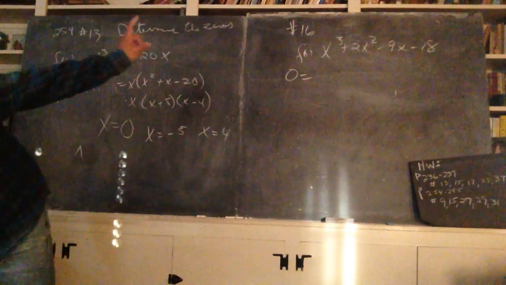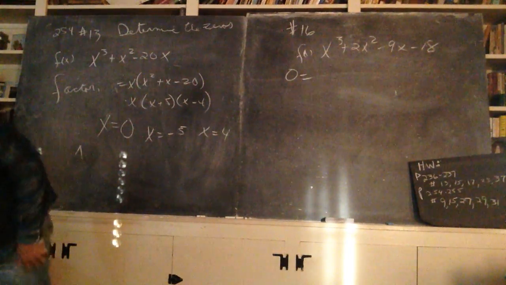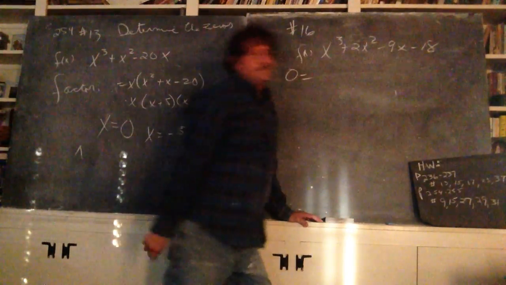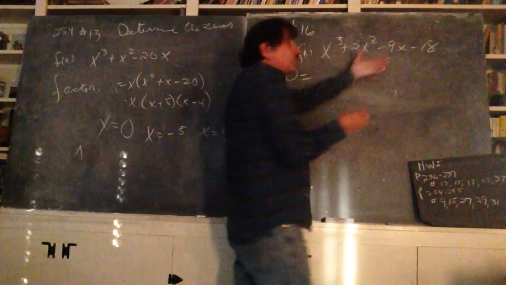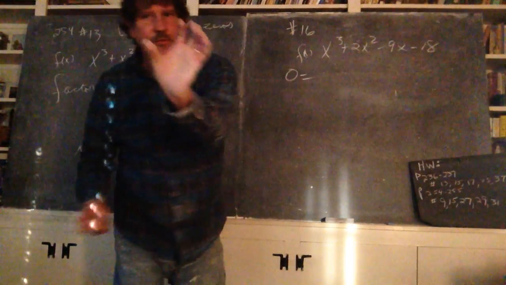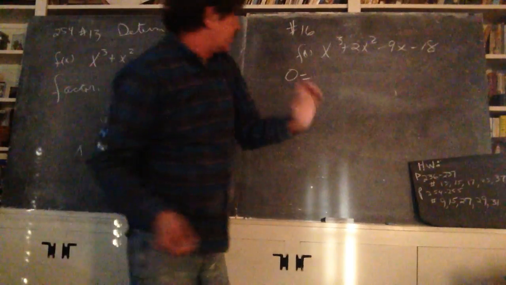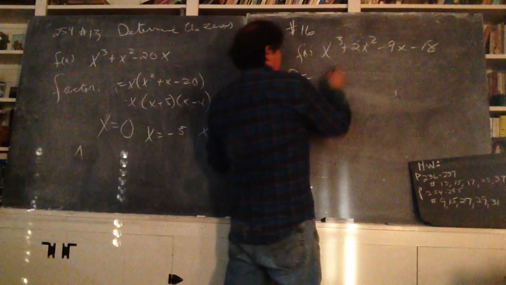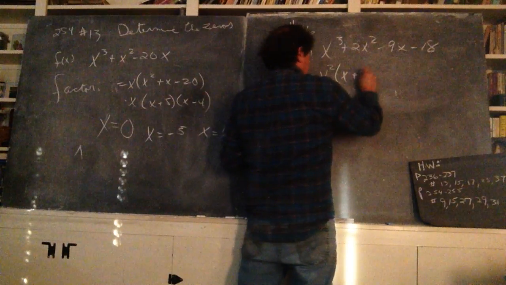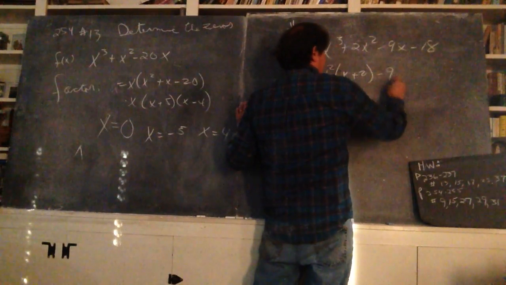Let me check the signs. Plus, minus. Yeah, good. I have to write this exactly as is, otherwise you couldn't factor it. Always use your technology. If you have a calculator, just do it. Looking at the first two terms, I'm taking an x squared out, and looking at the last two, I'm taking negative 9 out.